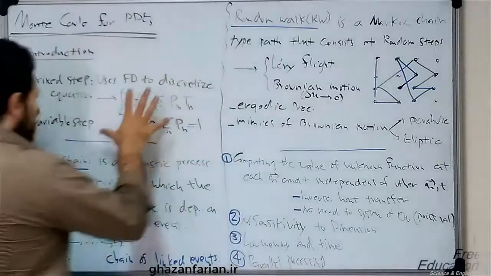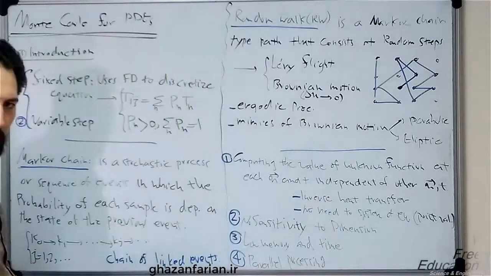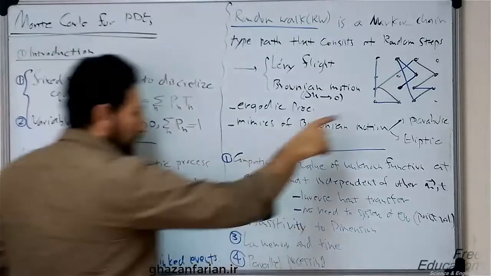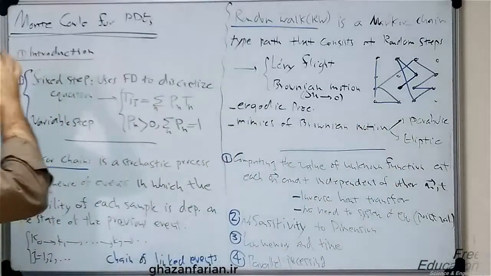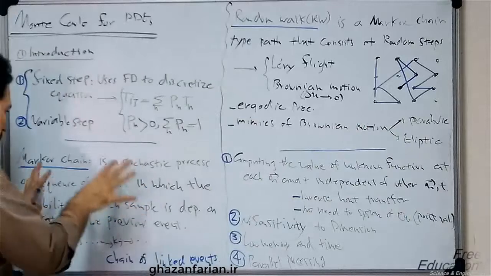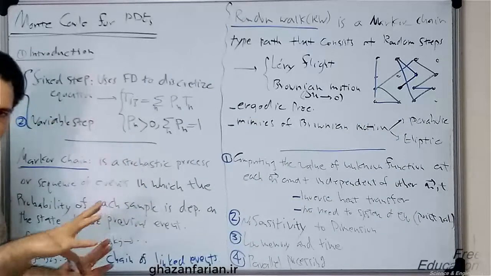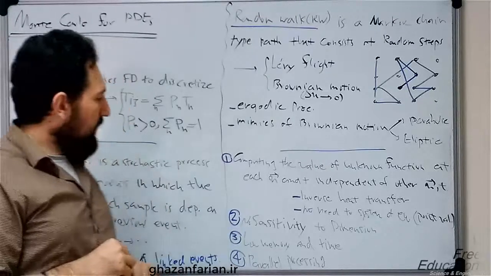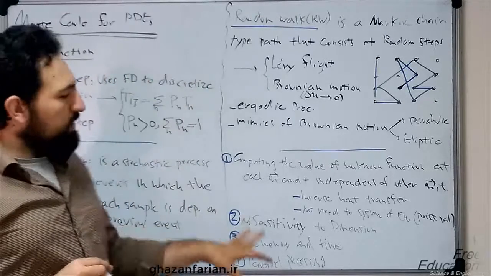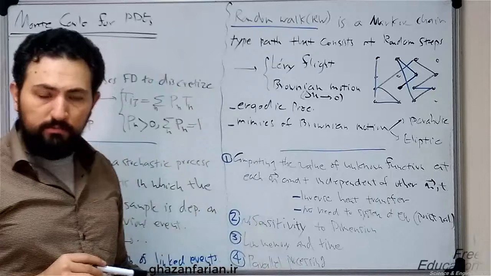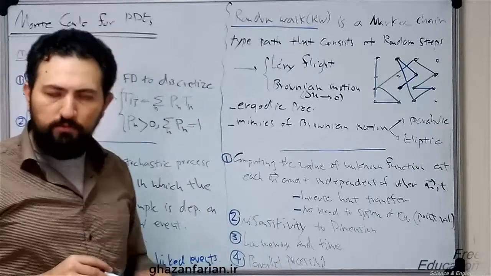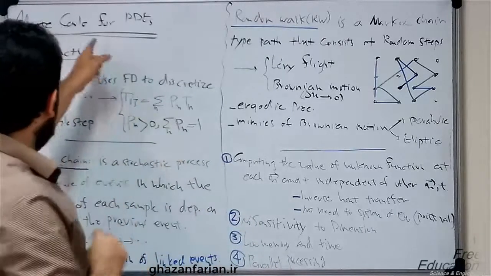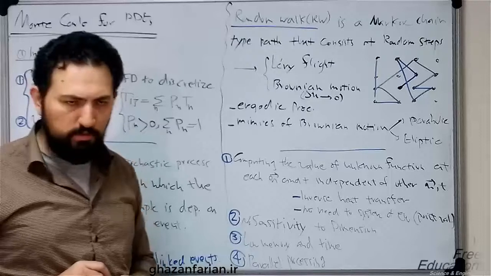Okay, this is the classification of Monte Carlo methods for the solution of parabolic and elliptic equations. This is the Markov chain concept, and this one is the random walk concept. Based on these concepts, I can introduce the algorithm of the Monte Carlo method for the solution of partial differential equations.